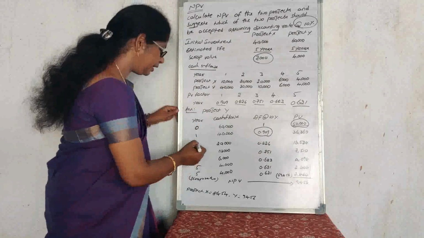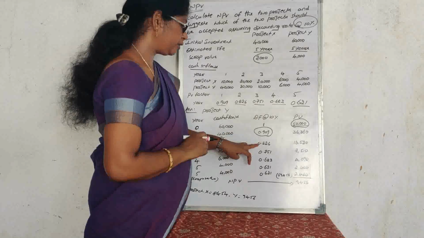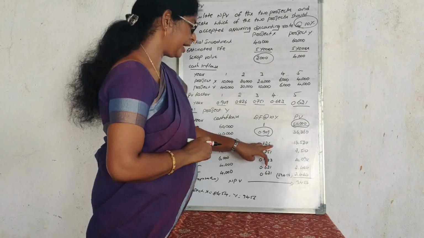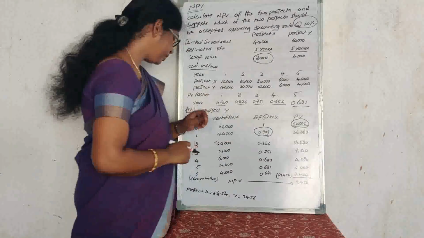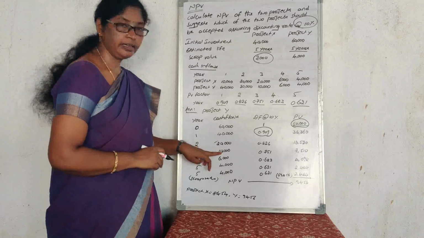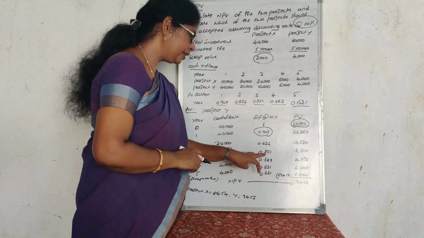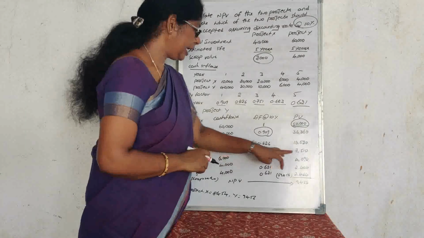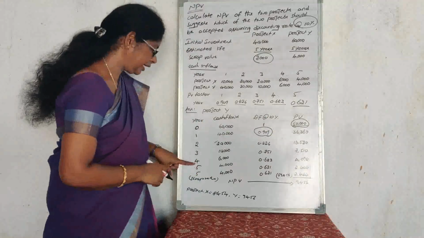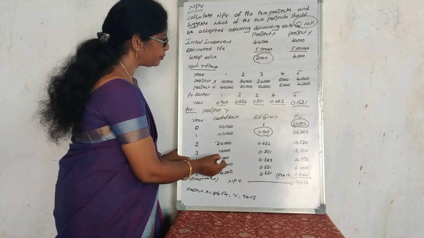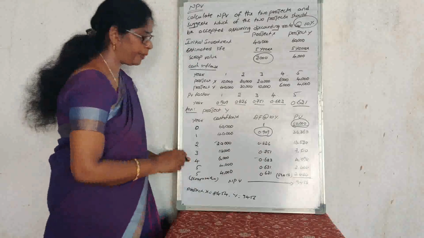At the end of the 1 year, the 40,000 rupees will be 36,360. And in the second year, we'll expect 20,000 rupees as a cash inflow. Discounting factor 0.826. At the end of the second year, the value will be 16,520. In the third year, we'll expect 10,000 rupees as a cash inflow. The discounting factor value will be 0.751 and we will get the present value 7,510 rupees. And the fourth year we will expect 6,000 rupees as a cash inflow and the discounting factor value 0.683.